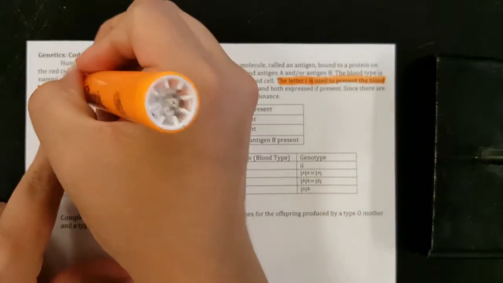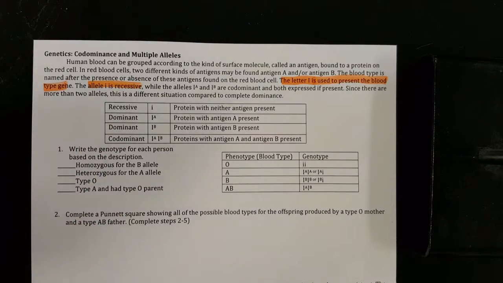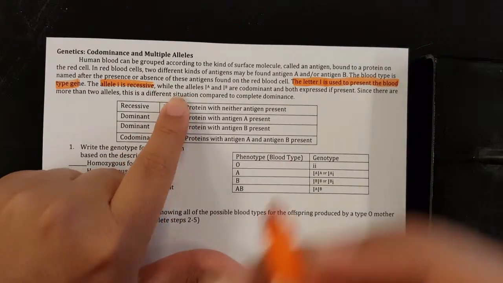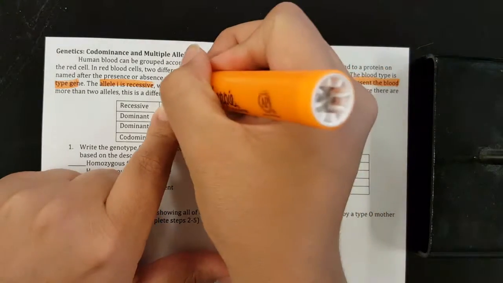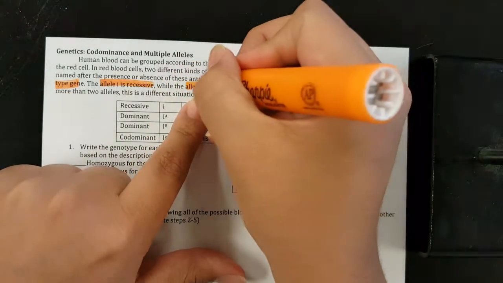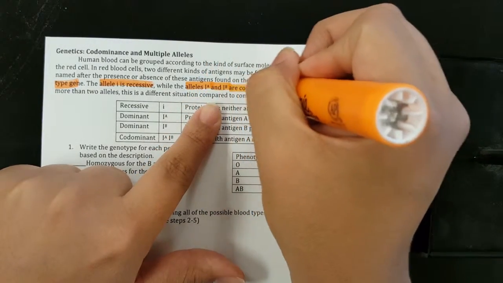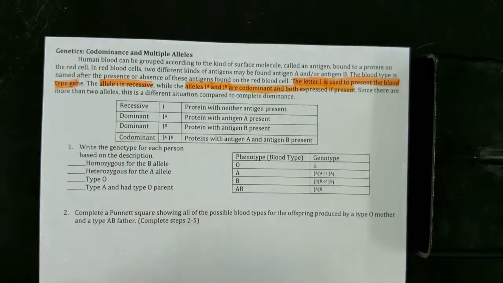The allele little i, lowercase i, is recessive, so we're going back to uppercase and lowercase. But notice that the alleles capital I with a superscript A and capital I with a superscript B are codominant and are both expressed if present.